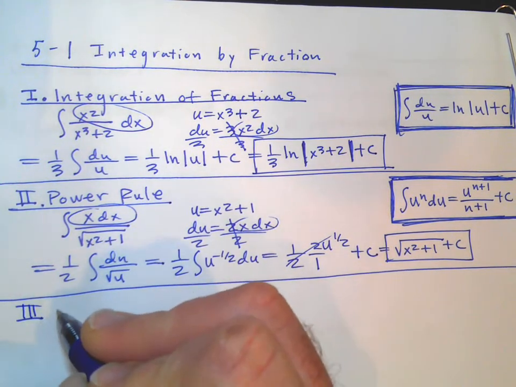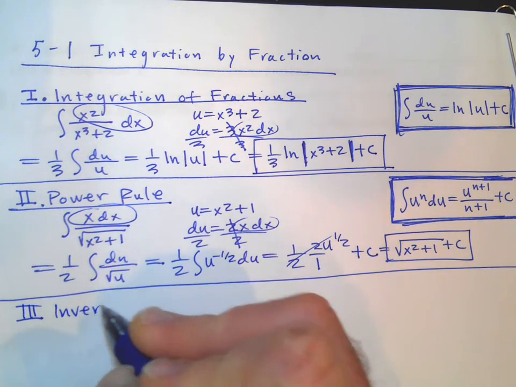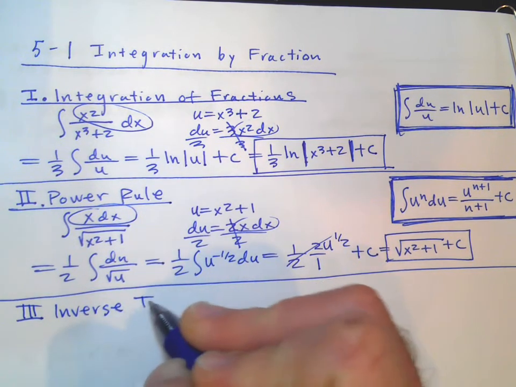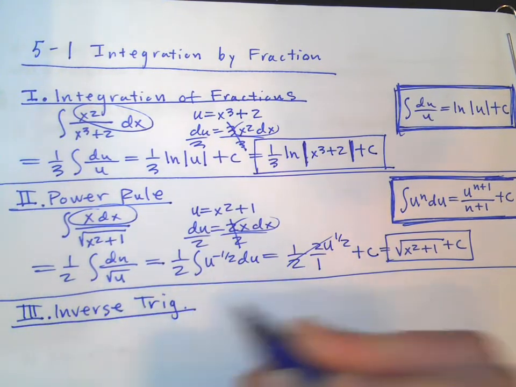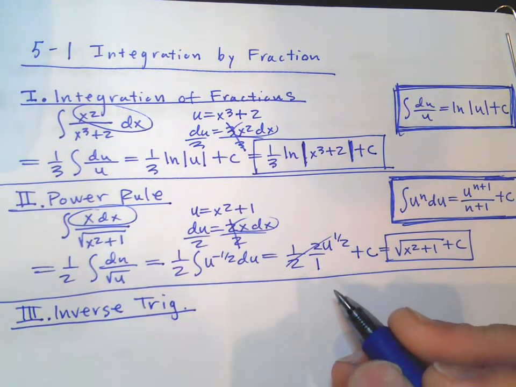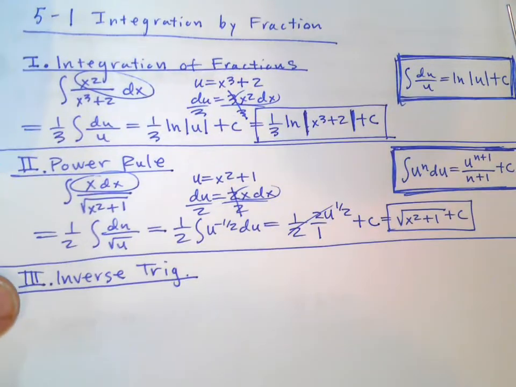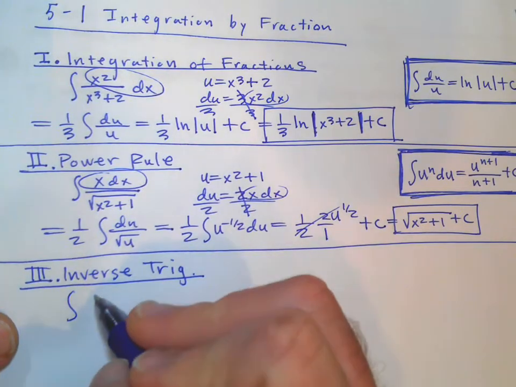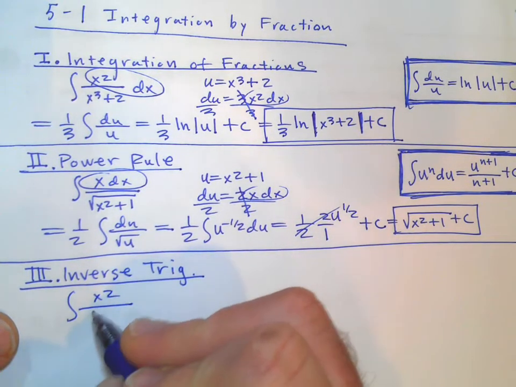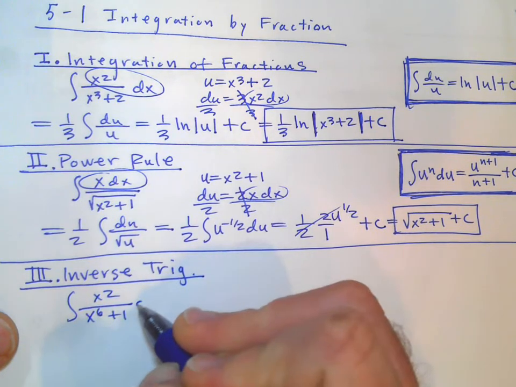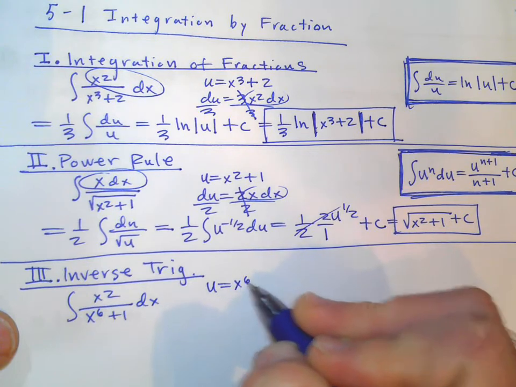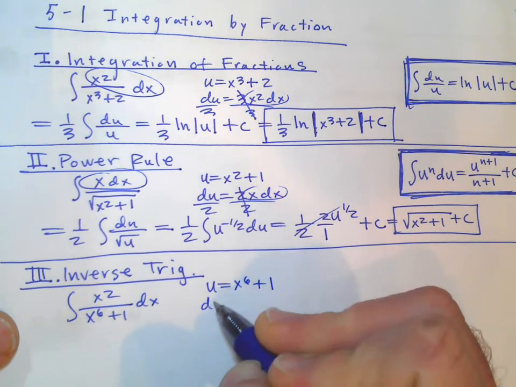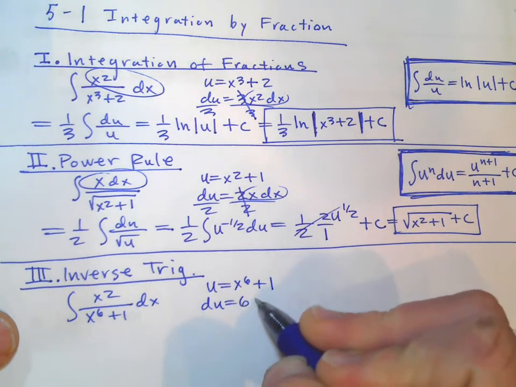Okay, section number 3, inverse trig. There are some weird fractions that we get that are the derivatives of inverse trig that we're trying to undo. So, for instance, x squared over x to the 6 plus 1 dx, you probably would try U-substitution at least in your head, because if it works, that's the way to go. Don't make problems worse than they have to be.